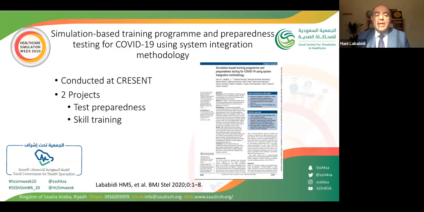This is some of the work that we did at King Fahd Medical City, and we published this article in BMJ STEL. It is a simulation-based training program and preparedness testing for COVID-19 using system integration. We did this back in March. If you go back in the history of COVID, we knew about it in December in China, but nothing serious until January in Italy, and then France and Spain and so on.